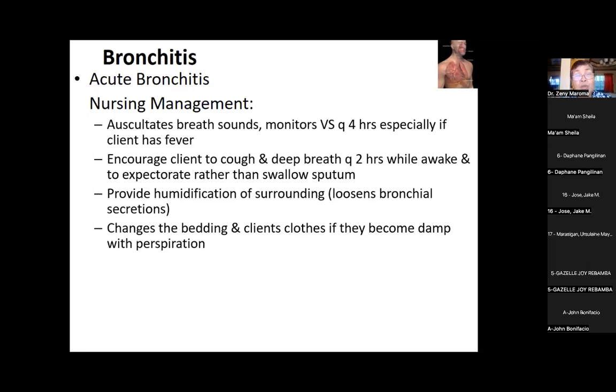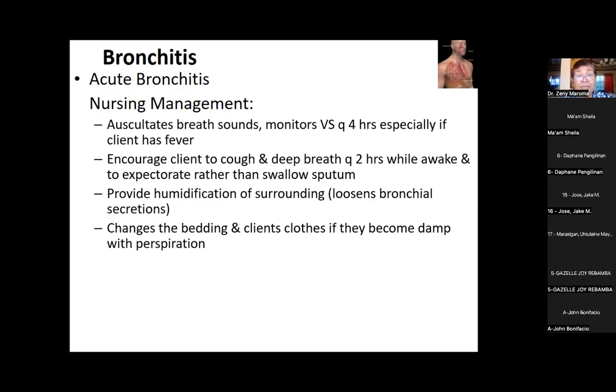Pero you line with tissue paper yung kidney basin, at saka yung sputum cup. Kasi pagka marami na, you need to empty. Pag in-empty mo, nakadikit yung sputum sa kidney basin. Kaya dapat may lining na tissue paper.